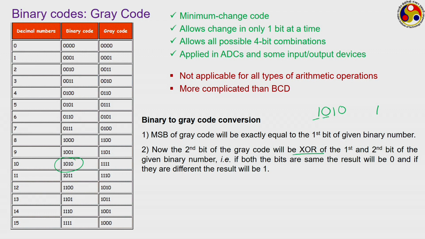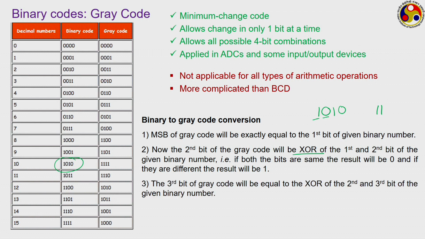XOR means if both inputs are the same, the output will be 0; if both inputs are different, the output will be 1. Here your inputs are 1 and 0, so they are different, so your output has to be 1.